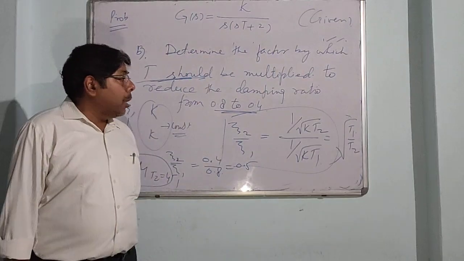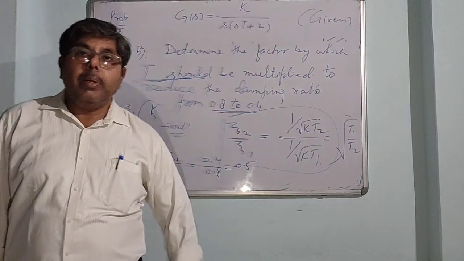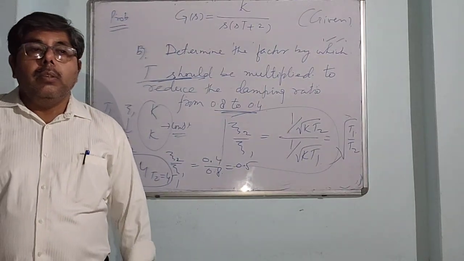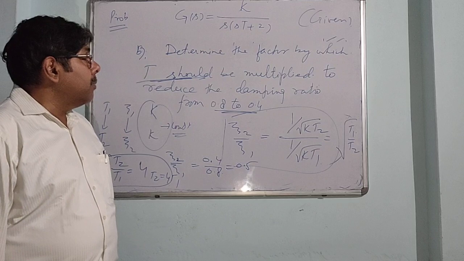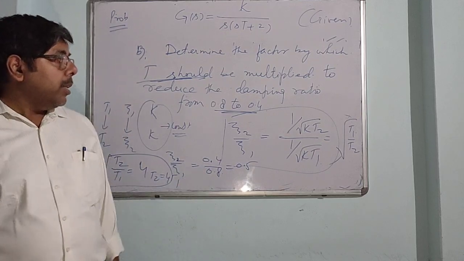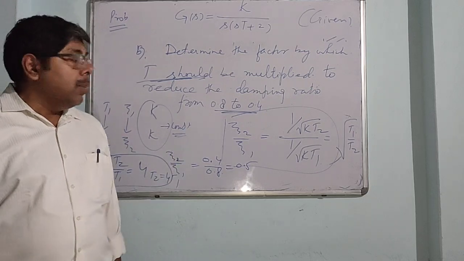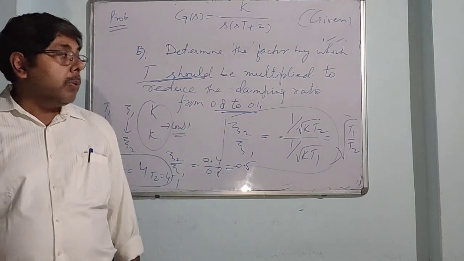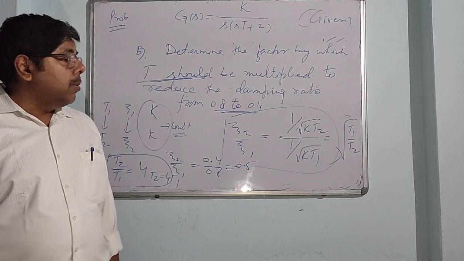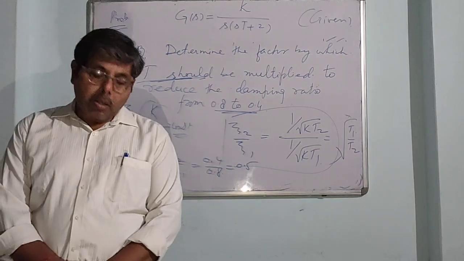So now we have calculated time domain specifications, that is rise time, peak time, settling time, overshoot. We can calculate them by using expressions. You can also calculate expressions for output by using the general expression. So the procedure is very simple.